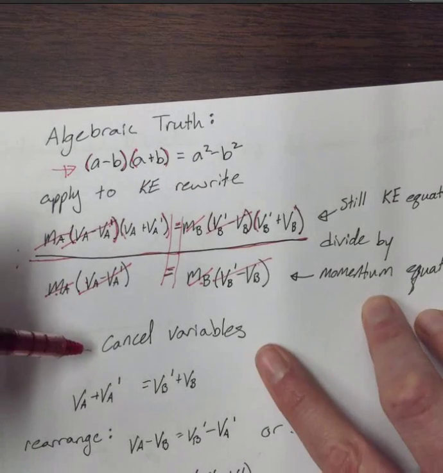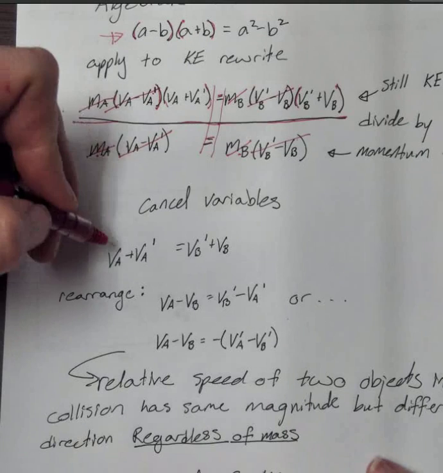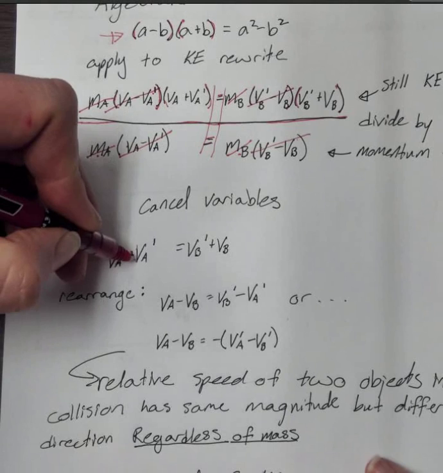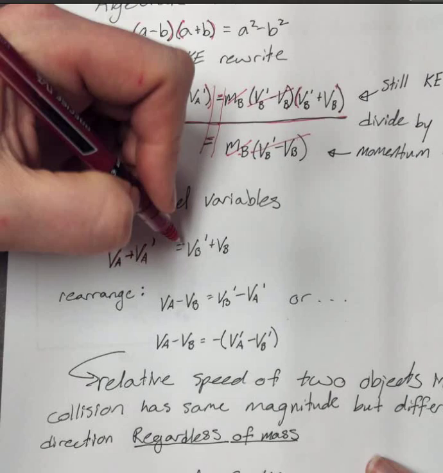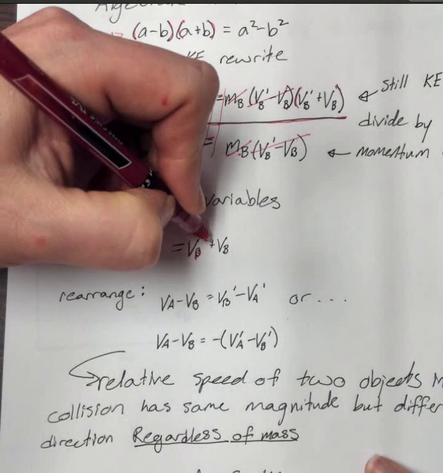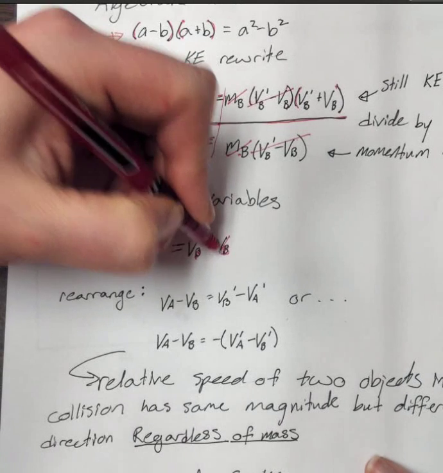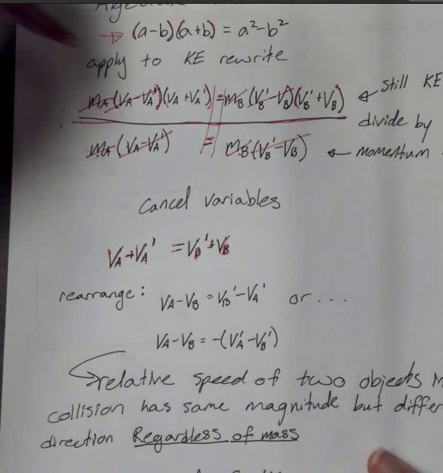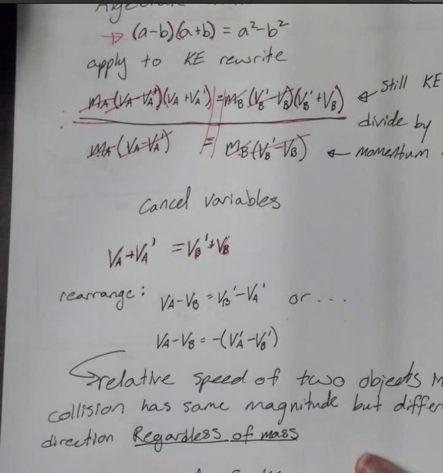Once we're done canceling our variables, we get this equation right here, which says VA plus VA prime equals VB prime plus VB. This equation could be rearranged so that we have initial on one side and final on the other side, just like our other conservation laws.